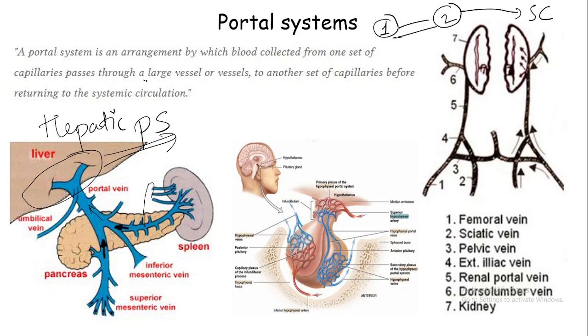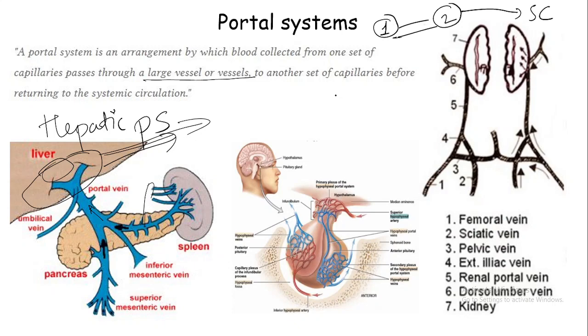It joins a large vessel or vein to reach another organ, and from there it goes to the systemic circulation. It's like getting into a city, joining some other area, and then going back to the national highway.